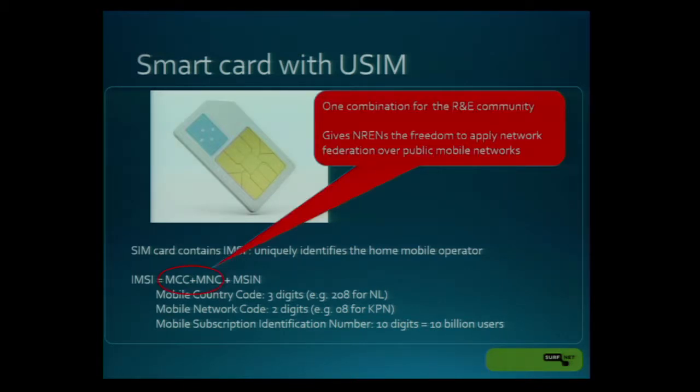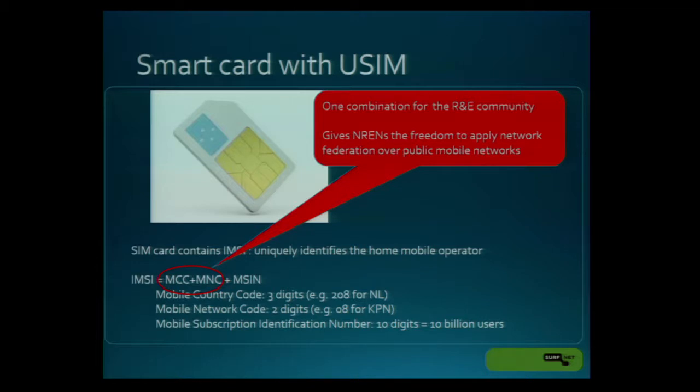What I would like to have is an international mobile network code that can be used for research and education. And there is one, and that is the 901 code. It's an international country code. It's not bound to one specific country. It can be used in any country. So if we as the NREN community have a mobile network code within this international country code, we can make our own services, and we can make our own SIM cards.